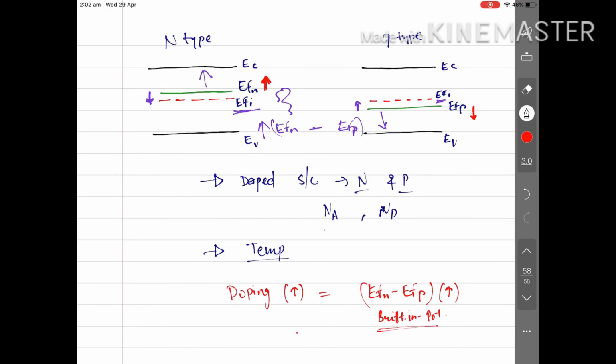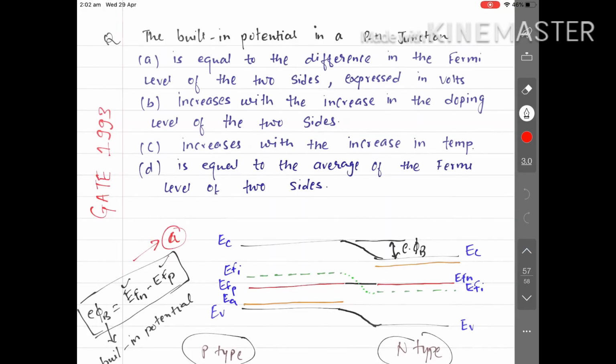This statement is given in option B. So the answer for this question would be A, which is equal to the difference in the Fermi levels of the two sides, as I have shown over here. This is equal to the difference of the two Fermi levels, and the answer would also be B. Why? Because it increases with increase in the doping level of the two sides.